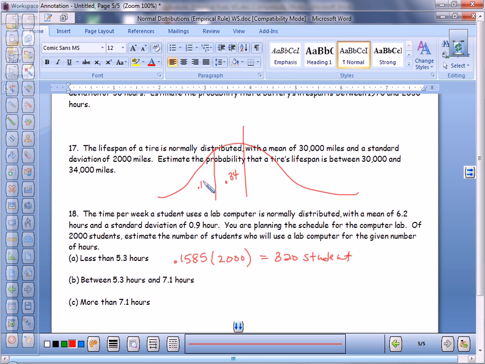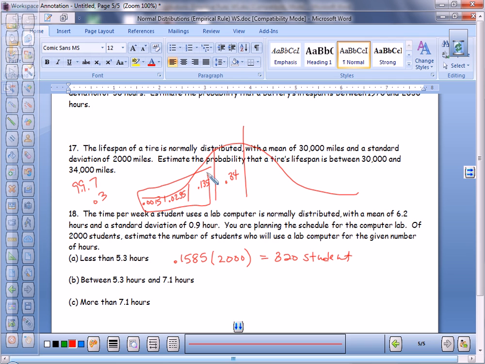And then the next is 0.0235. And yesterday when I went over the example, I didn't talk about what might be over here. If we do the 99.7, we have the 0.3% left, which gives me 0.0015 here on either side. Well, what I did for this one is I added up these three.